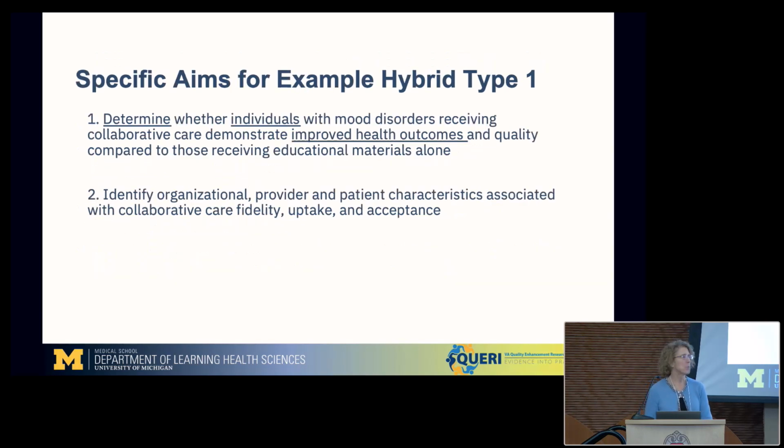So here's some example specific aims of a hybrid type 1 design we did several years ago. It's basically determining whether individual patients with mood disorders receiving collaborative care demonstrated improved health outcomes. And then we also identified as a secondary aim the organizational, provider, and patient characteristics.